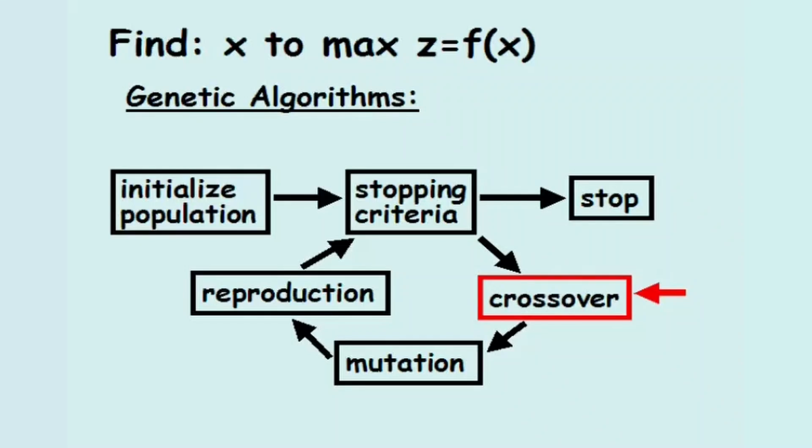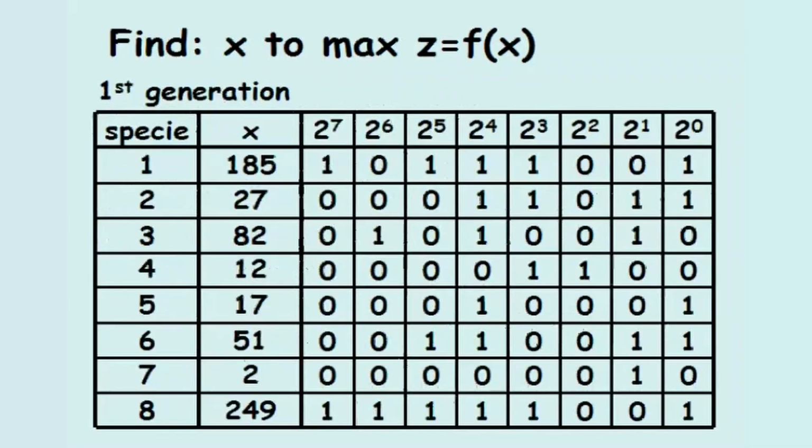The next step is mutation. The purpose of mutation is to introduce new material into a child species that was not present following crossover. Returning to our first 8 species, we'll choose to use a 2% mutation rate, which means there is a 2% chance that any single chromosome will change from a 0 to a 1 or from a 1 to a 0.